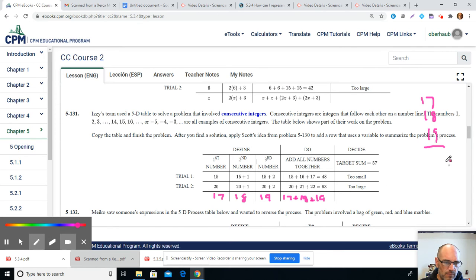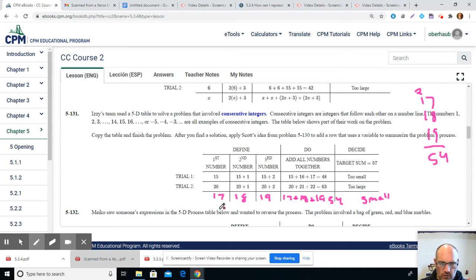So this needs to be a 4. That needs to be a 2. So that's 3, 4, 5. So I got 54, and that is too small. All right, well, that gives me a pretty good clue then that hopefully my number is 18.